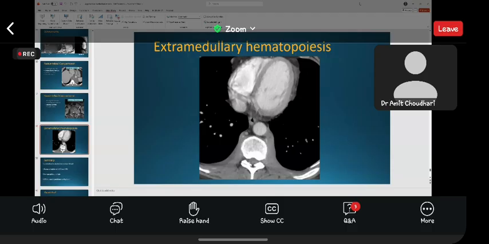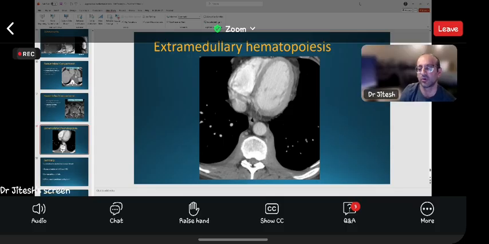Then someone would also like to know, can imaging help in differentiating seminomatous from non-seminomatous germ cell tumor? Yes, that's a diagnosis which comes on biopsy. Based on the tumor markers, in seminomatous tumors usually the alpha-fetoprotein level is normal, whereas non-seminomatous tumors have a high AFP level.